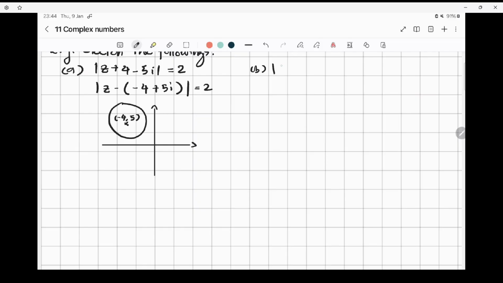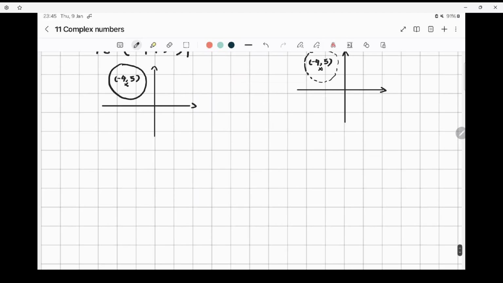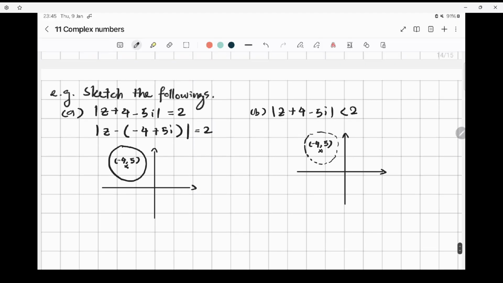So if let's say I write modulus z plus 4 minus 5i smaller than 2. So in this case, you would have something like this. So because there's no equality, you draw a dotted line. And then, sorry, don't forget you need to shade it.